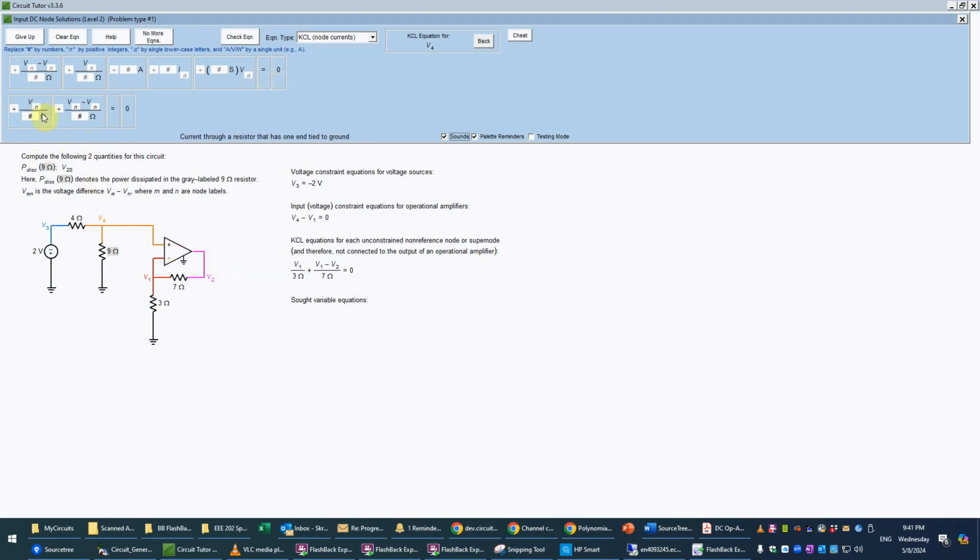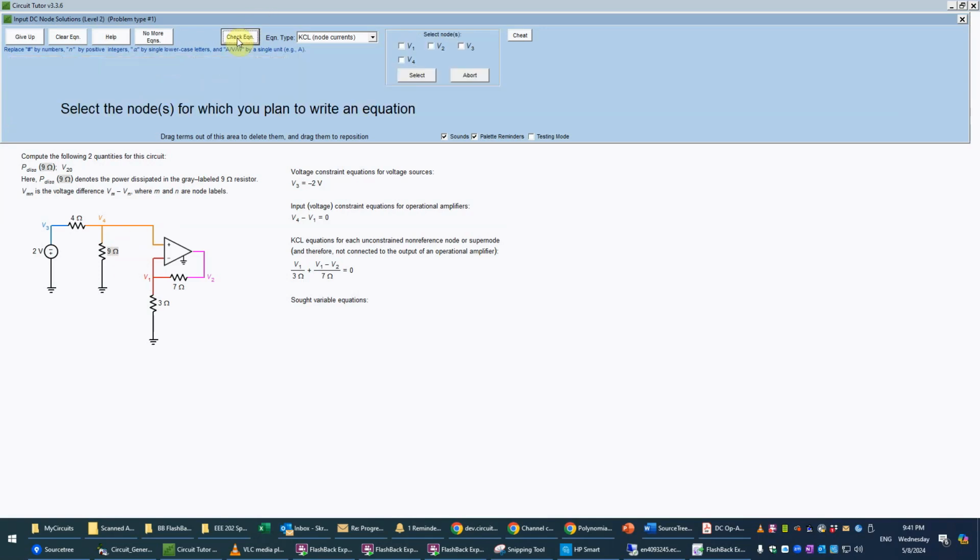Okay, so first of all, we'll fill in the blanks, so that's just the V4 divided by the 9 ohms, and here it's going to be the V4 minus the V3, voltage difference driving the current to the left, and divided by the 4 ohms, and that will be our equation. So we'll check that, and that is correct. And if you think about it, that really is just a voltage divider equation written in a slightly different form.